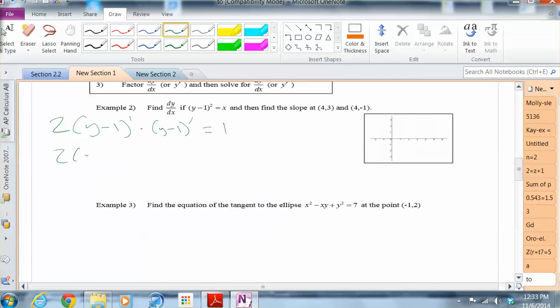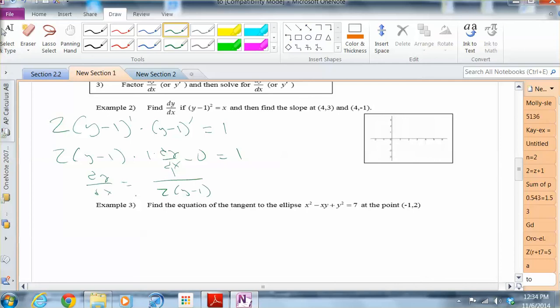So you have 2(y minus 1). Now the derivative of y minus 1: the derivative of y is 1, but you have to say dy over dx. And of course the derivative of 1 is 0, and you still have 1 on the other side. So dy over dx is going to be 1 over 2(y minus 1). That's going to be our derivative.